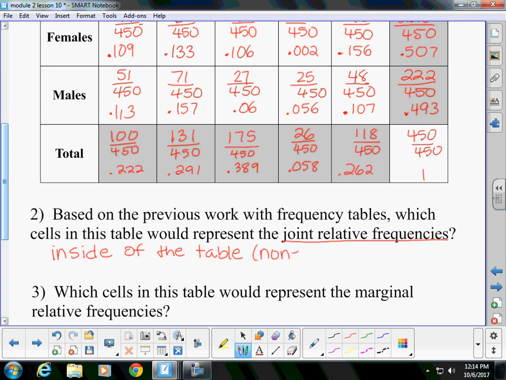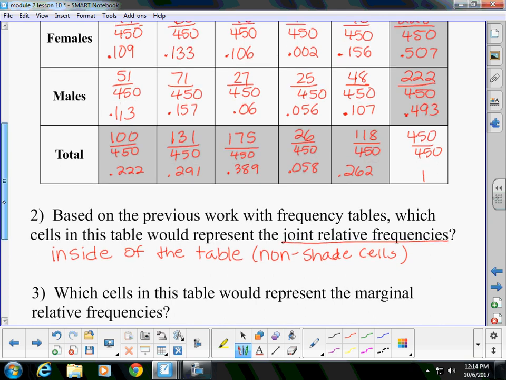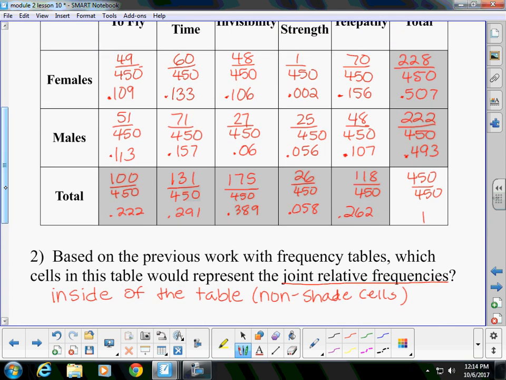Now, don't always expect them to be not shaded, but in this case, they're non-shaded cells. So up here, these would be joint relative frequencies.